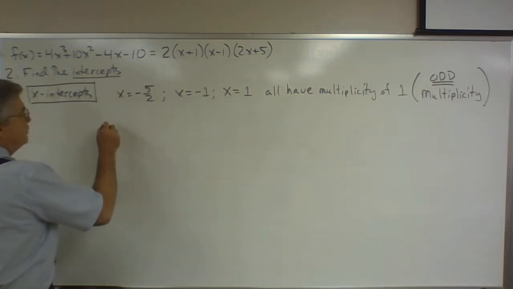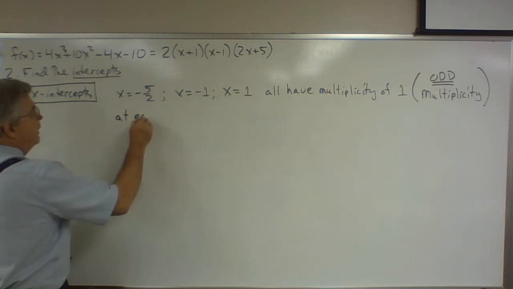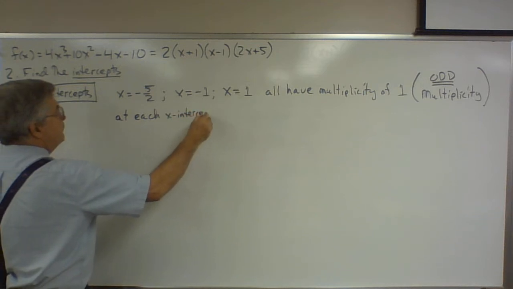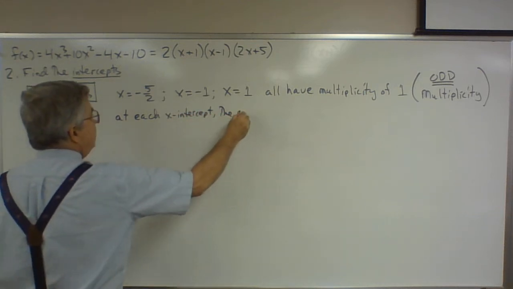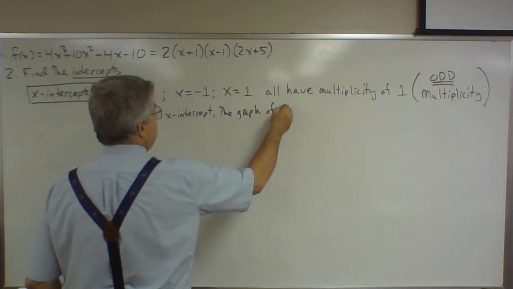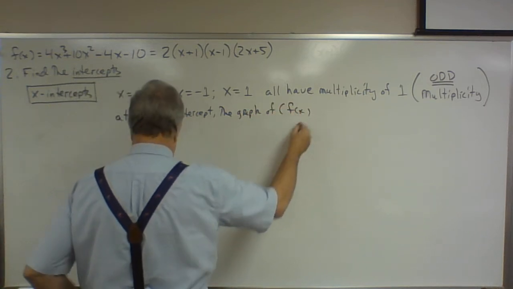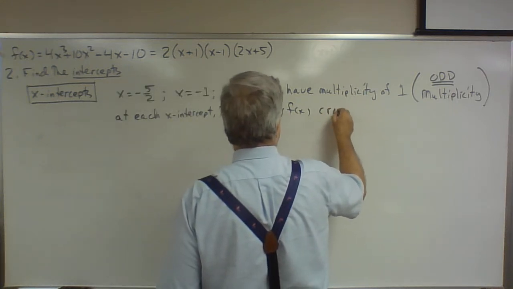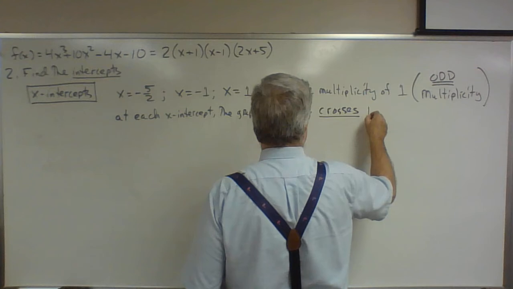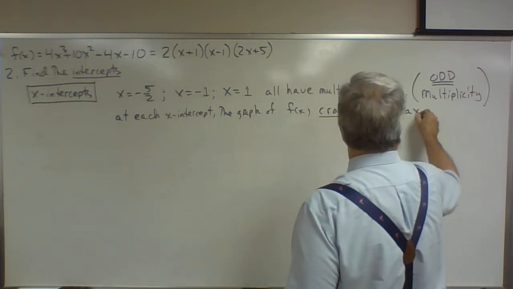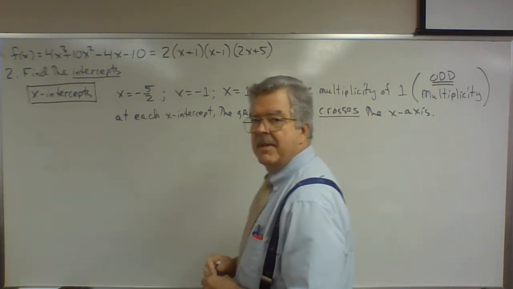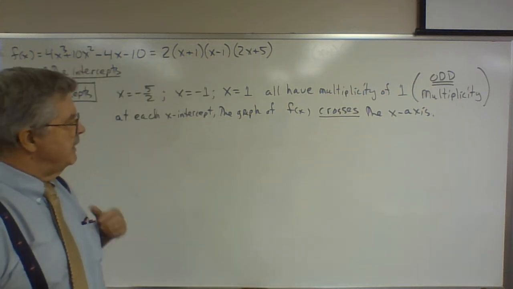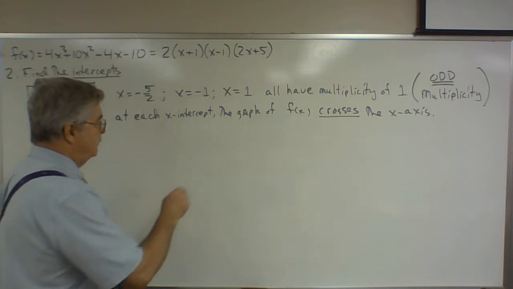And since the multiplicity is odd, at each x-intercept, the graph of f of x crosses the x-axis. But we want to remember that. At each x-intercept, the graph of f of x is going to cross the x-axis.